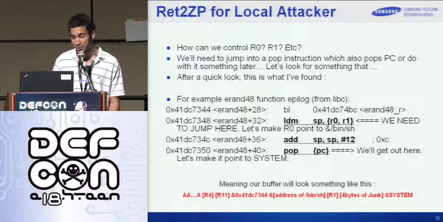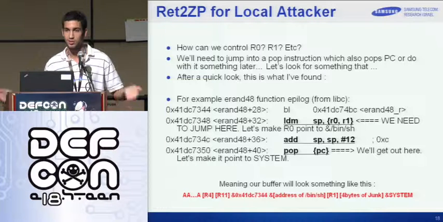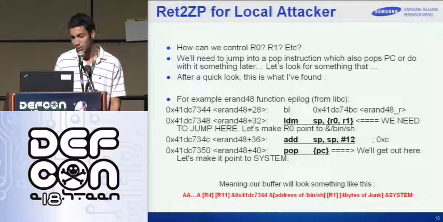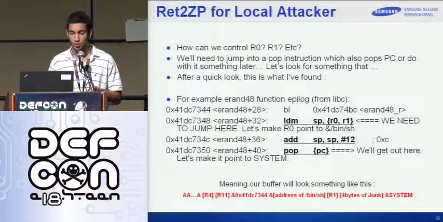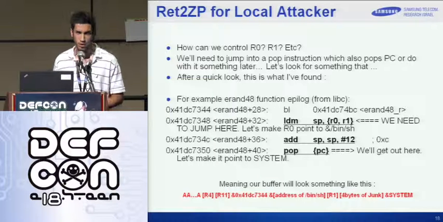So how can we control R0, R1? You're probably fascinated by that. Amazingly fascinating. All right, so we'll need to actually jump into a pop instruction. We'll do return-oriented programming. There have been several return-oriented programming talks at Black Hat this year, and I think at DEFCON also.